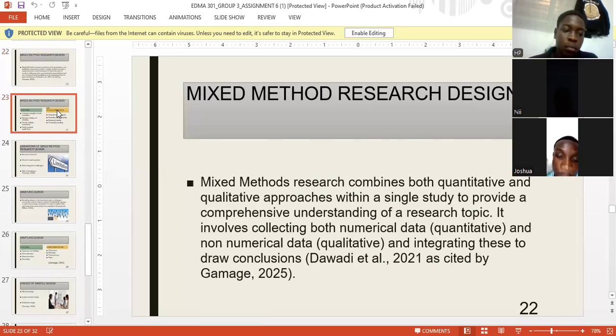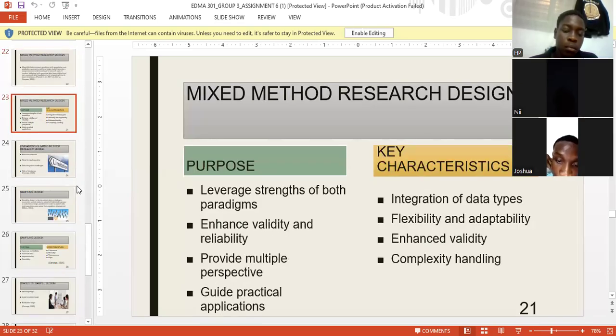Okay, so why do we use mixed research design? What are the purposes? It helps us to triangulate findings, that is, it leverages the strengths of both paradigms. The second is enhanced validity and reliability. Here the research done is valid, it doesn't have any kind of ambiguity inside, and it is reliable.